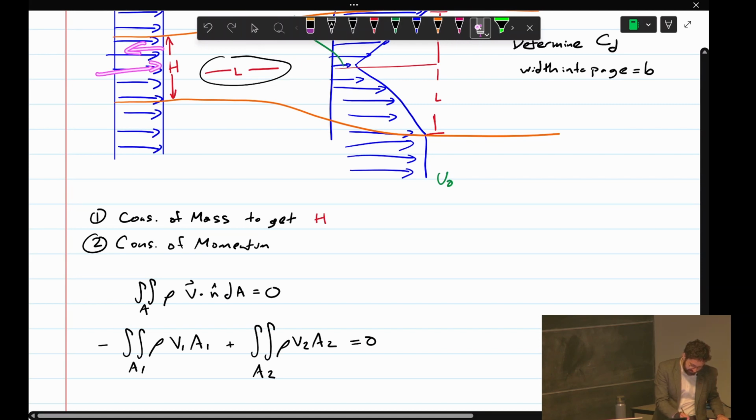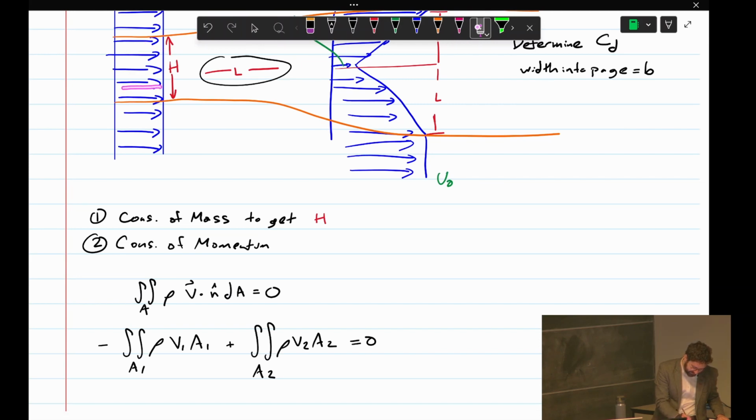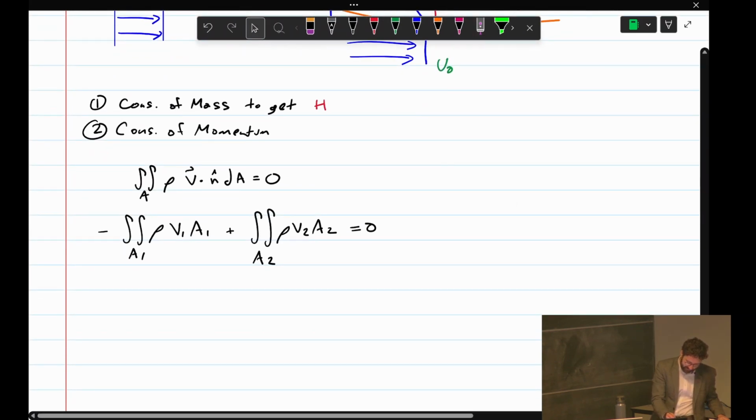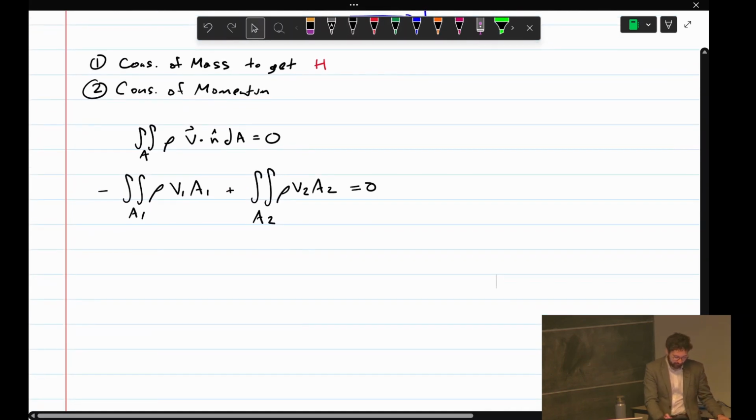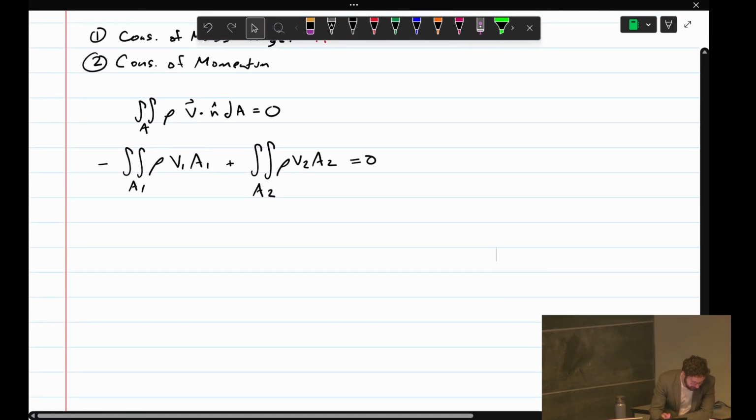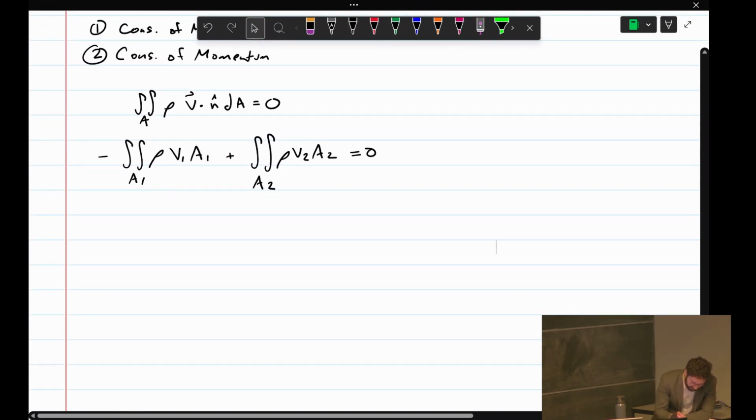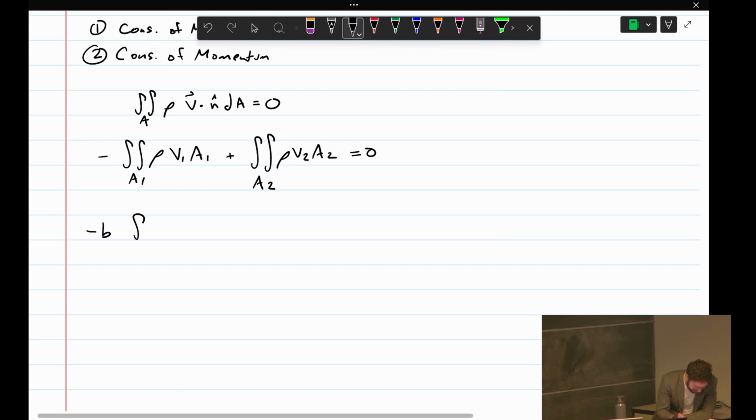Our normal vector points out of our CV and our flow points in. So that's where that minus sign comes from here. At the outlet, it's positive. So our uniform depth into the page is going to make this much easier to integrate.